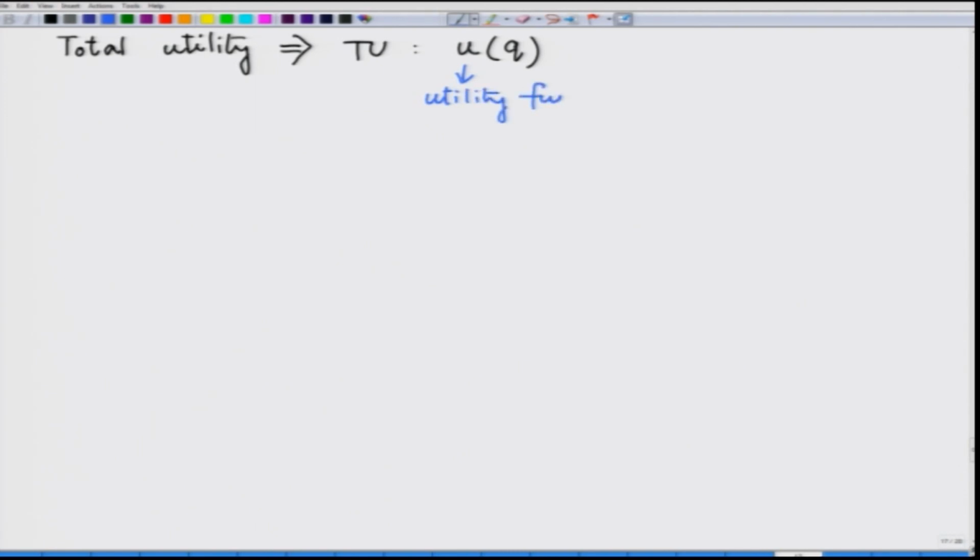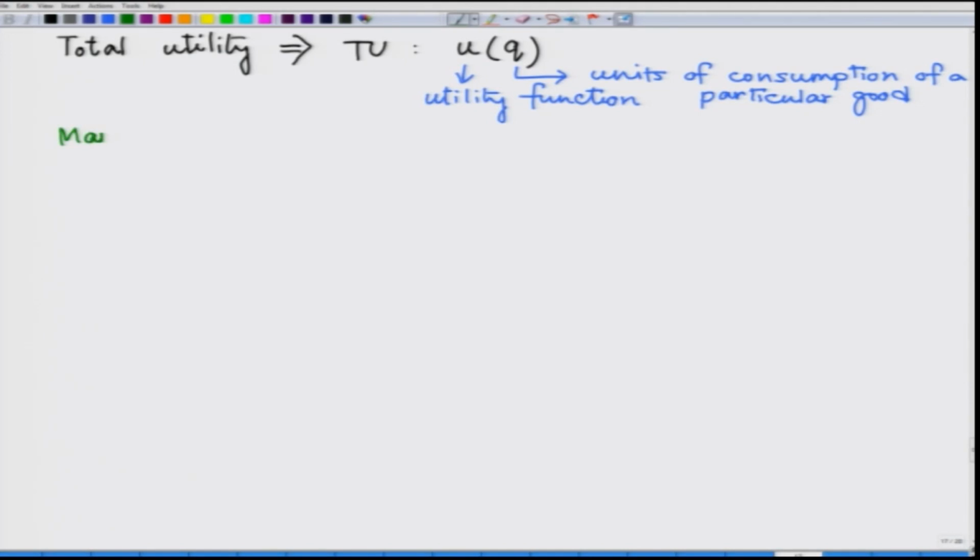It is a mathematical function which is defined over the number of units of consumption of a particular good or commodity.